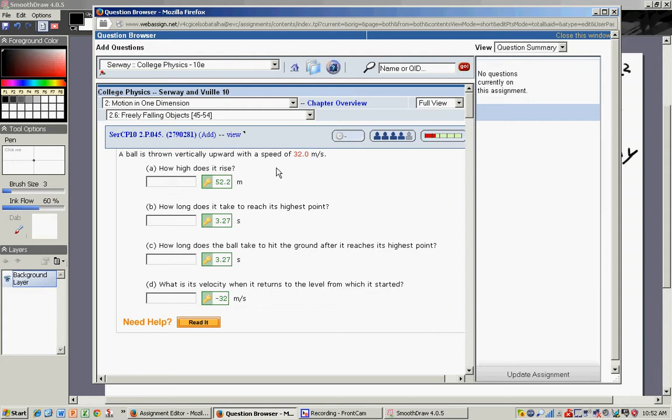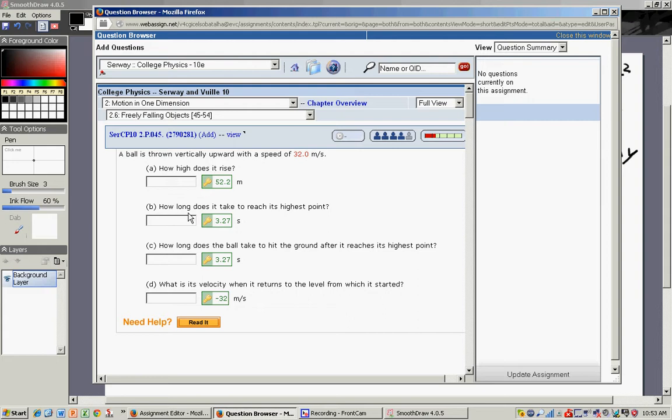But velocity implies a number, which is the speed, and a direction, vertically upward. So vertically upward means the velocity vector is pointing along the direction we call positive.